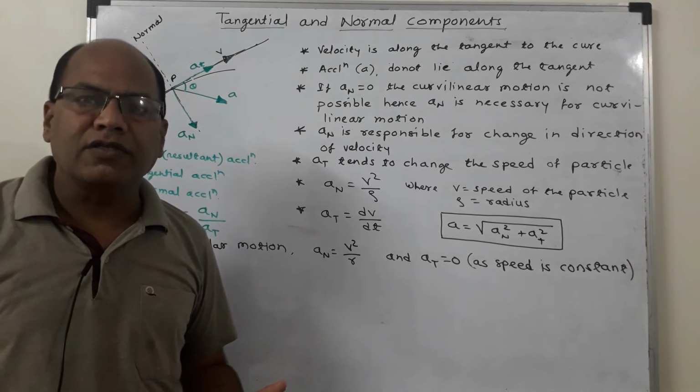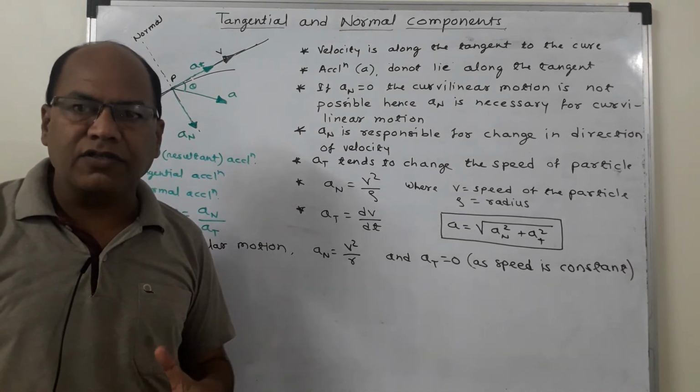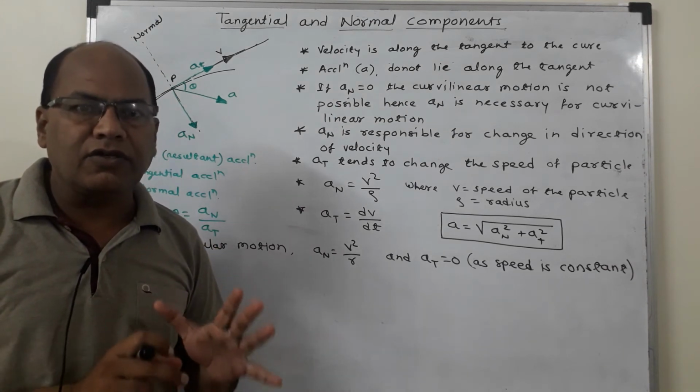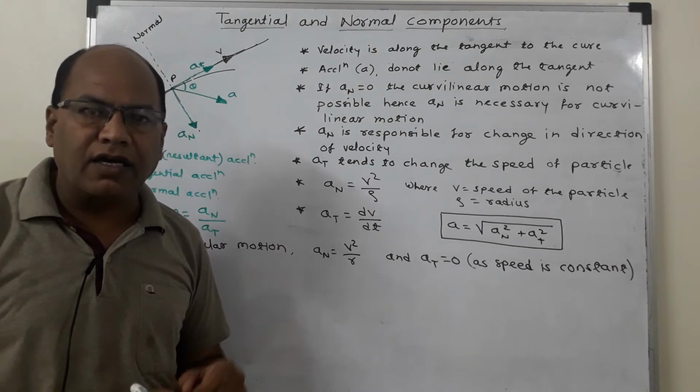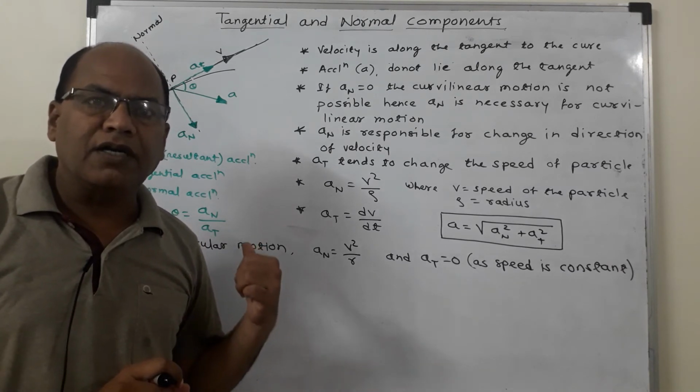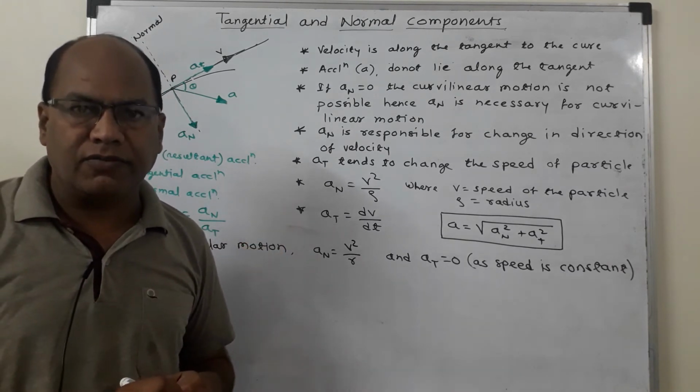Now if the direction of velocity does not change, then what will happen? If the direction of velocity does not change, it simply means that the particle will never be put into curvilinear motion, but it will perform a rectilinear motion.